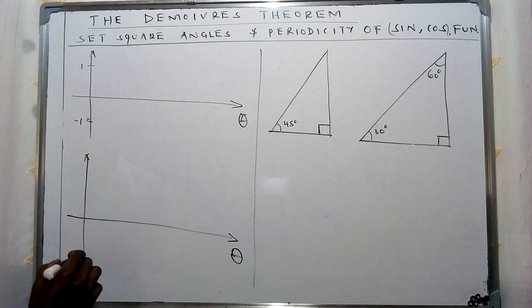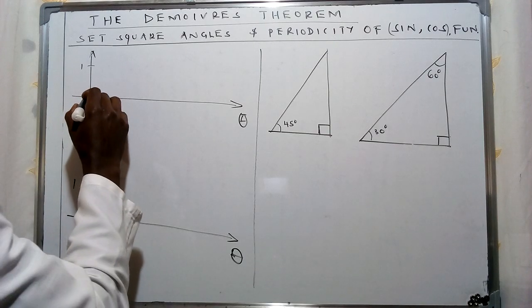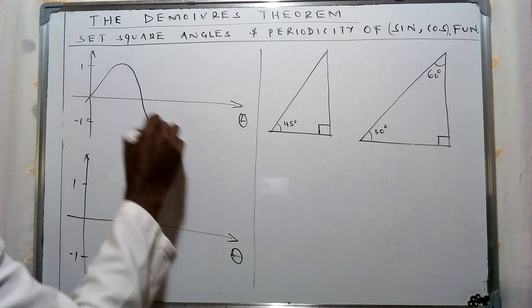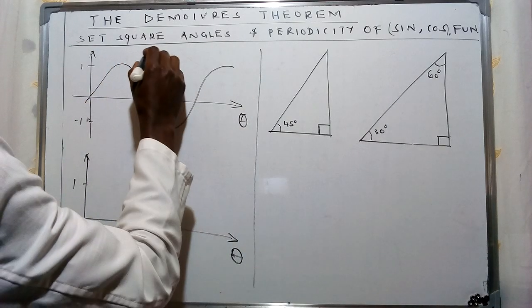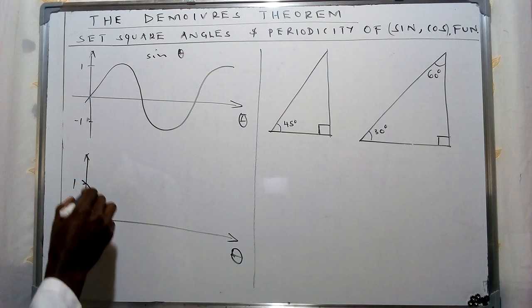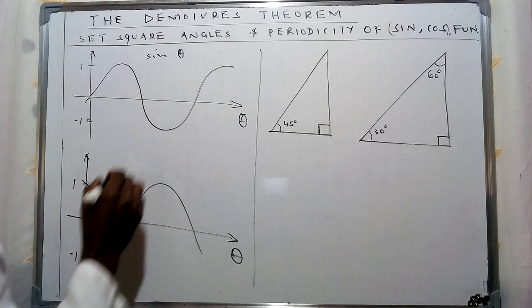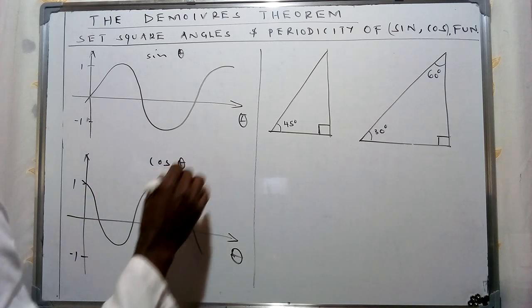So I'm going to have those two graphs given as such. We shall have the function for the sine given as sine of theta, and then I will have the lower section giving us the graph of the function for the cosine of theta given as such.